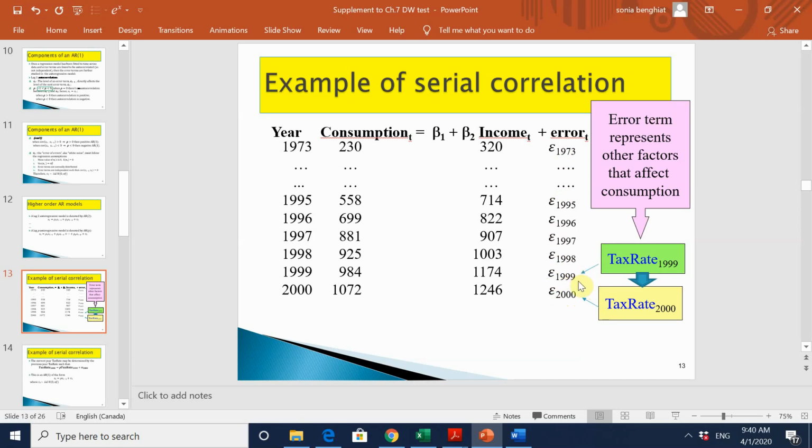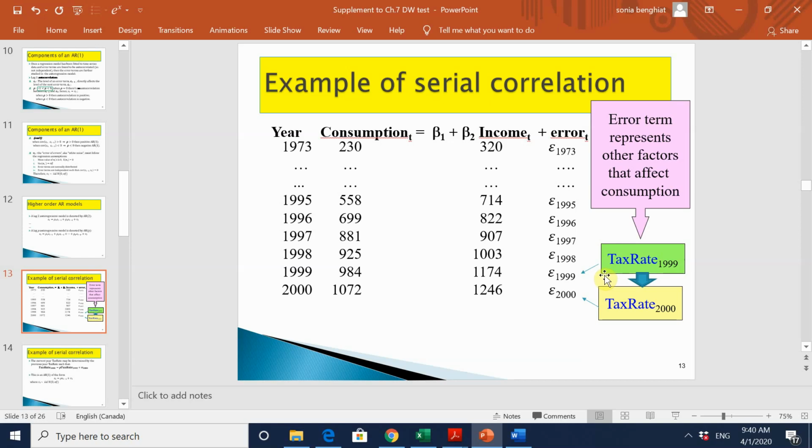And further, when more investigation is done, we realize that this error term has in there an element that is not contained in the income, and that is the tax rate. So if you realize now that the error term is in fact mostly made up of tax rate, then we can understand how tax rates are dependent on tax rates of previous years.